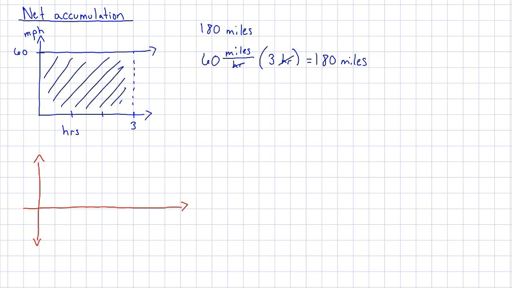It lies both above and below the x-axis. So let's say I leave home, accelerate until I get on the highway, I drive for a while, I decelerate, and I arrive at my destination, right? This is my velocity, so this is a rate of change function. I'll say that the units are miles per hour. And then the x-axis here would still be hours.